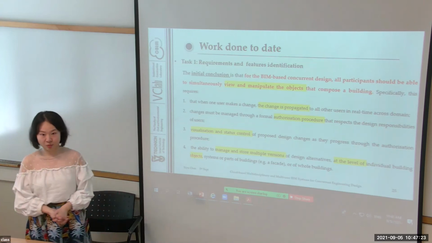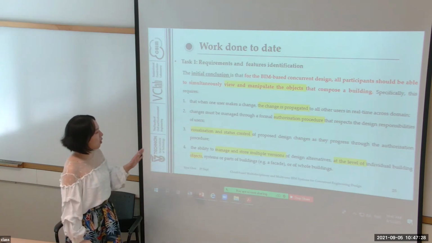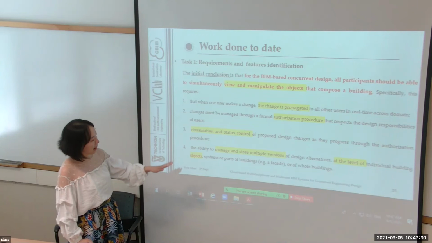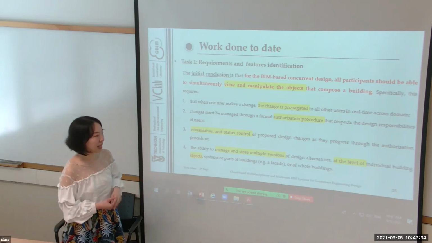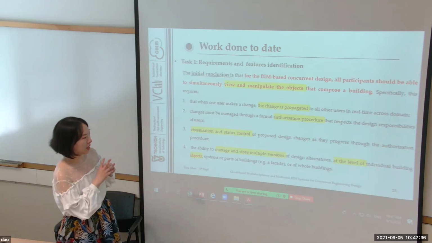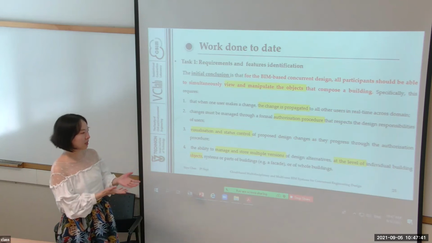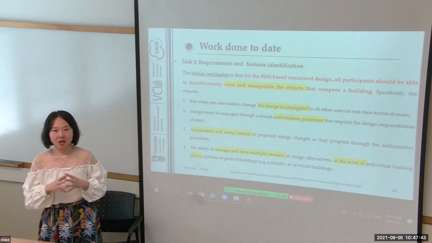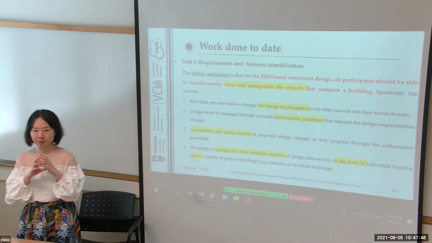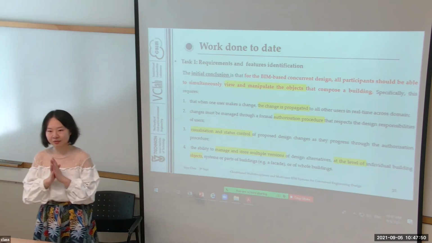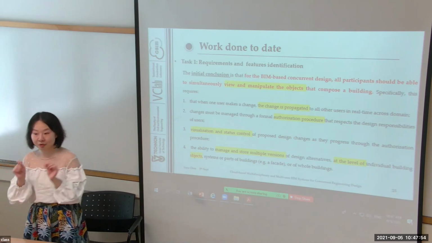And then last, concurrent design also requires the ability to manage and store multiple versions of design alternatives at the level of individual objects, systems, or parts of the building, or of the whole building. What does that mean? Usually if we have some design alternatives, even a very tiny modification, we still need to save it as a file.